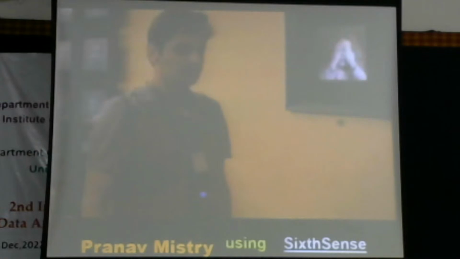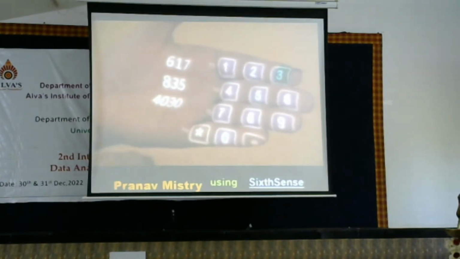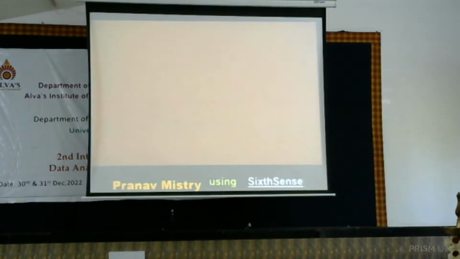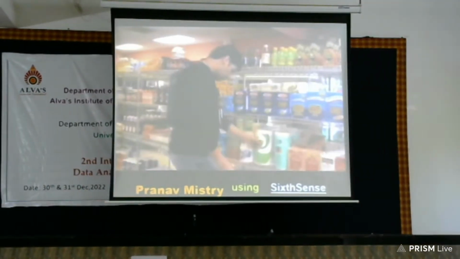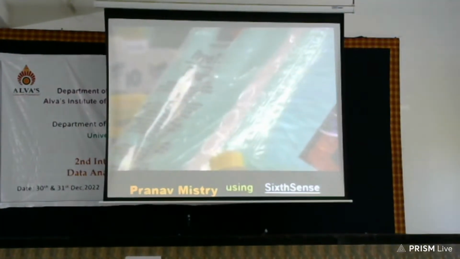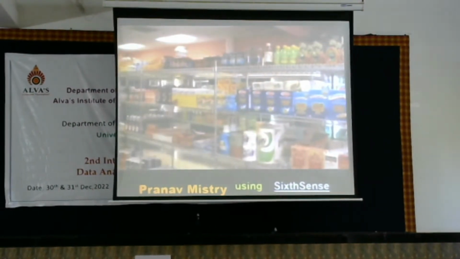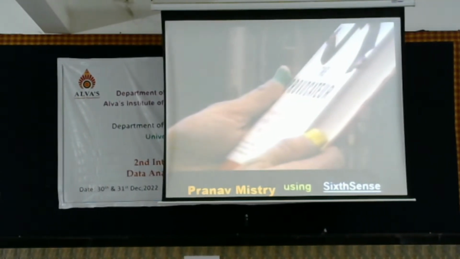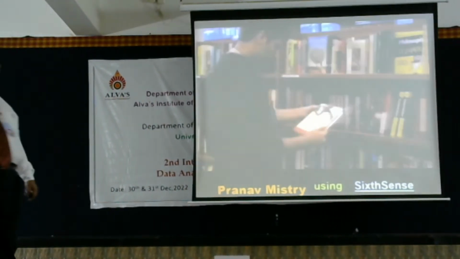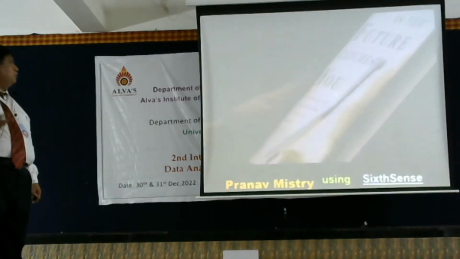Now, supposing he wants to dial a number on the phone, the projector gives him the numbers. He can dial a number on his hand and make a call. Now he's gone to the stores and he reads the barcode of the material, and it tells you the details of the material. You can hear the details, or the details can be projected on the material. Now he opens the book. Before he opens the book, the title of the book can be read and told what the book is about, and what the rating of the book is.